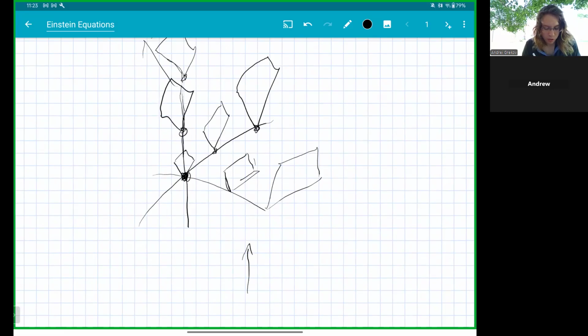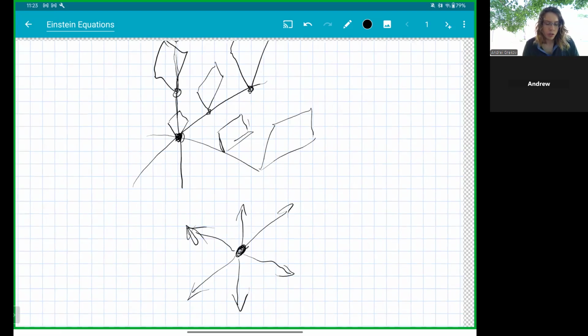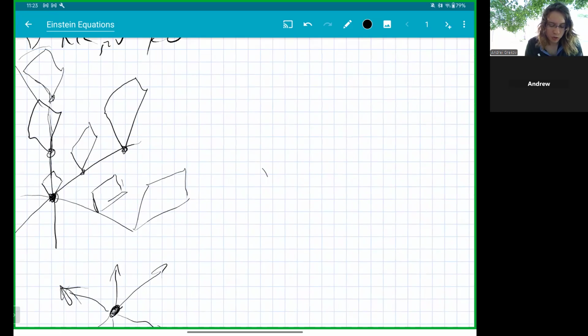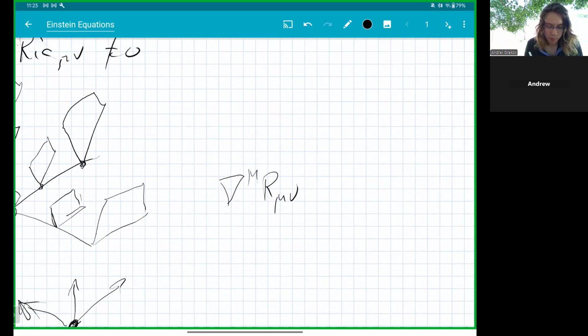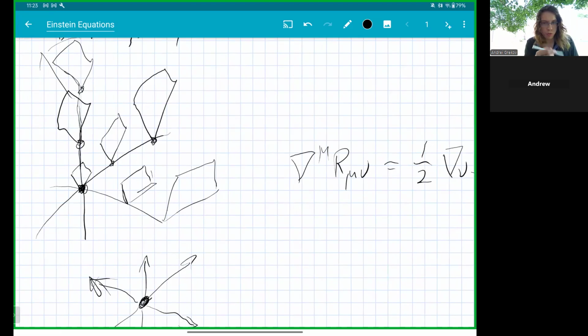That this curvature flows outwards here. And it turned out that this divergence is proportional, with coefficient 1/2, to the gradient of the scalar curvature, which probably makes sense, right? Because the scalar curvature is precisely the average of all those changes in all directions.